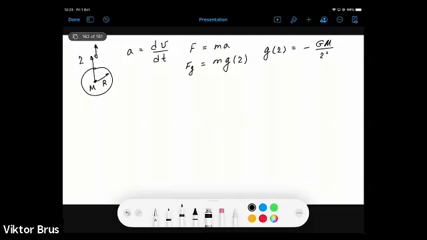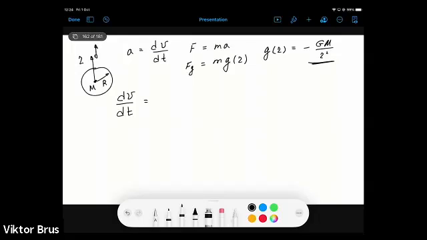So now we can write the expression for acceleration, which is actually strength of gravitational field. So let's write dv over dt will be equal to g as a function of r.